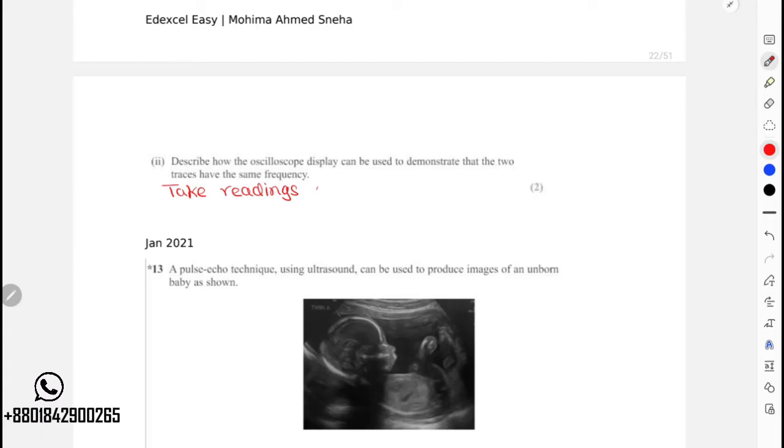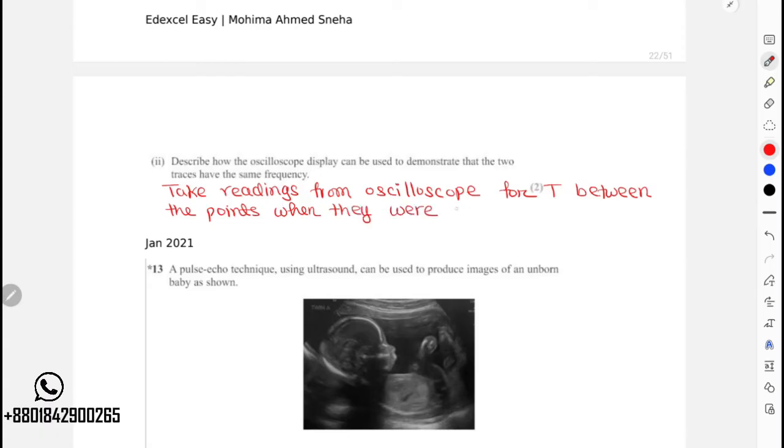Take readings from oscilloscope for time period between the points when they were in phase, and if the time period is the same for both, then frequency is the same.